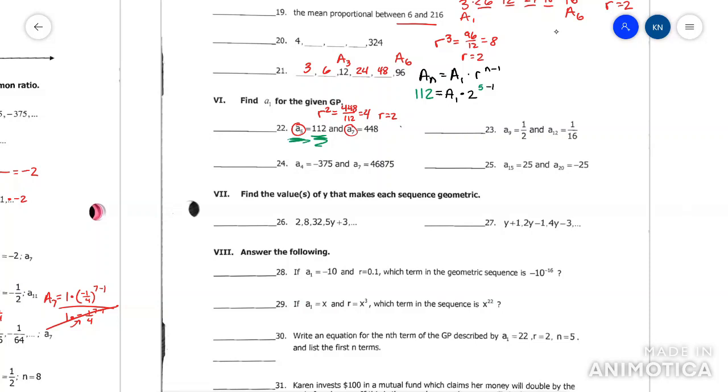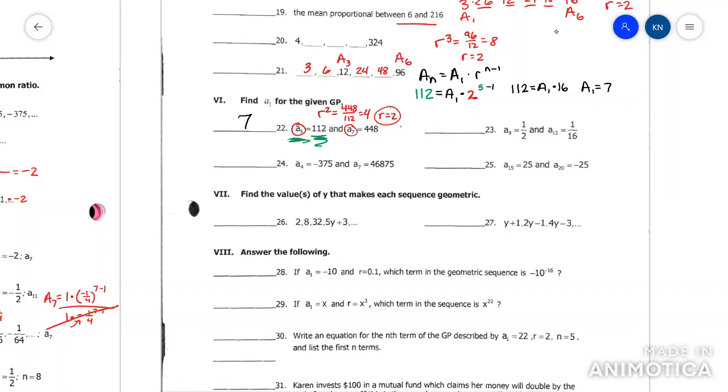That way you know where I'm getting that 2 from. It's from right here. All right, so now you can punch this into a calculator, I'd start right here with the exponential part. So that's 2 to the 4, which is 16. So you end up with 112 equals A1 times 16. And you can just divide that. And if you divide that, you'll get 7. Just like that. So that's how you're going to do all of these.